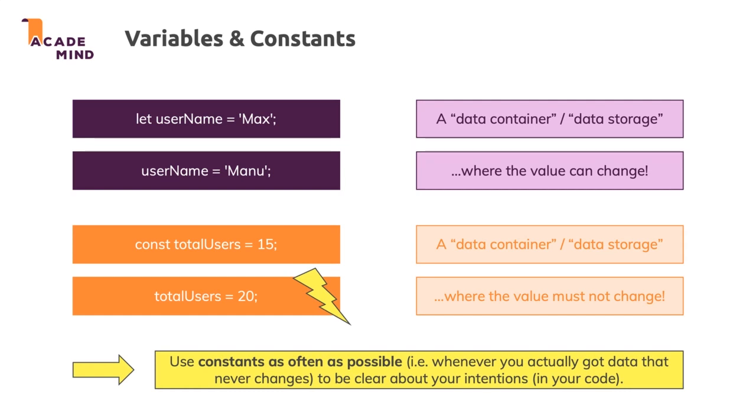It makes your intention very clear. If you have a value which actually never changes throughout the life cycle of your program or of the part of your code where you use it, well, then you want to make that clear so that if any other developer ever reads your code, they quickly understand that this piece of data is never going to change. It simply makes your code easier to understand for others.